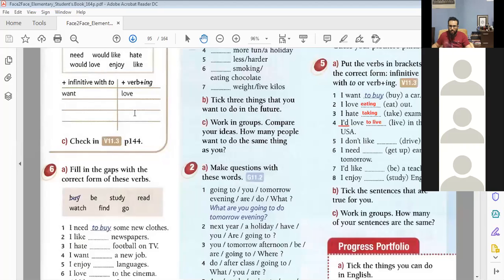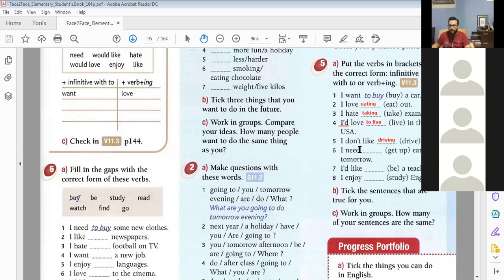Abdullah, can you do number 5? I don't like driving. Good. Yeah.